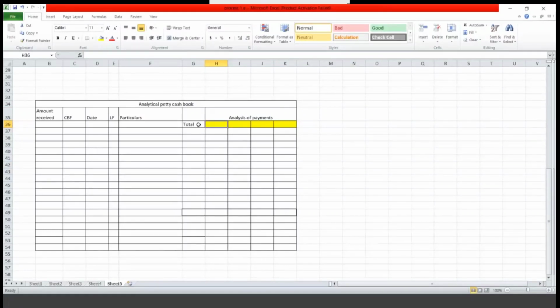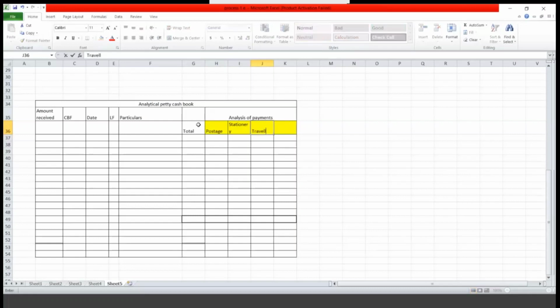So I feel postage we need. Next, stationery we can take, and traveling, and whatever is left, we will take in miscellaneous.